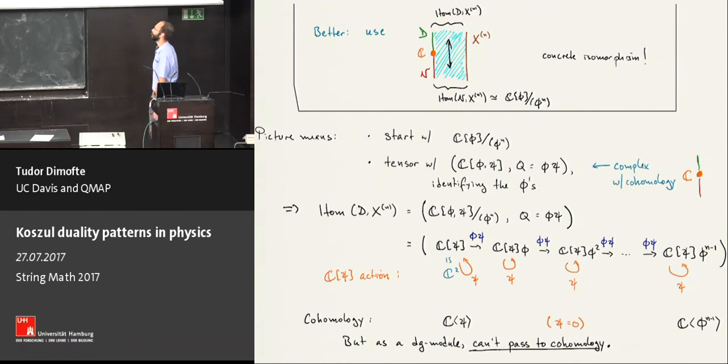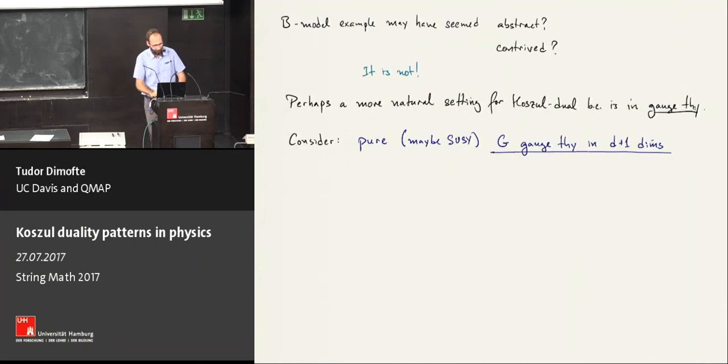Anyway, so what did we have? We had a very simple-looking module for the symmetric algebra and a giant complex that was a module for the exterior algebra, and these are both ways of looking at the exact same boundary condition in the B model. So, okay, this embodied the basic causal duality in physics.